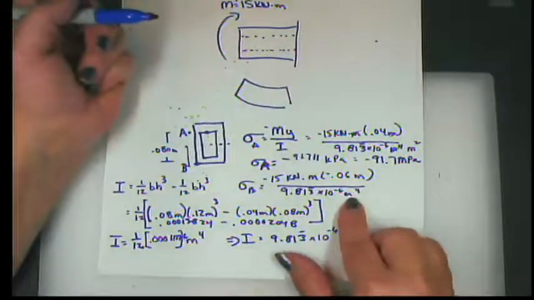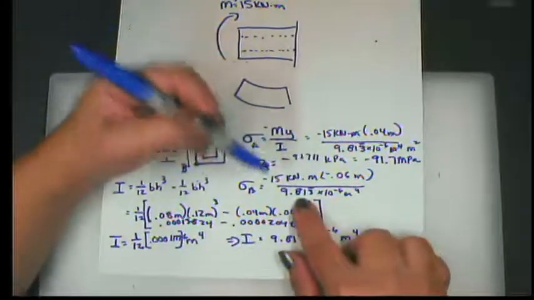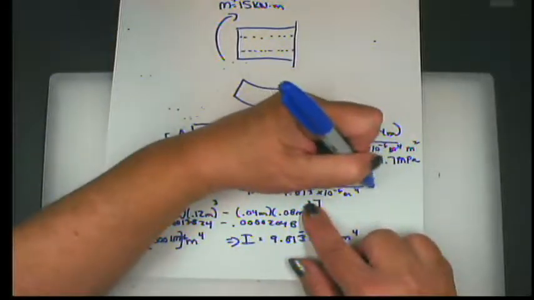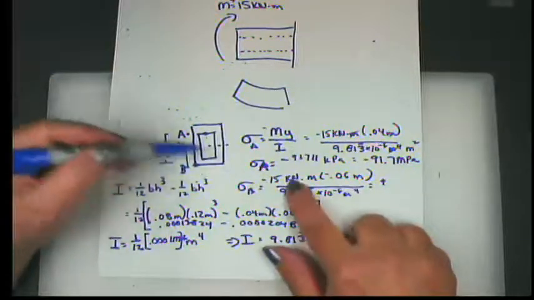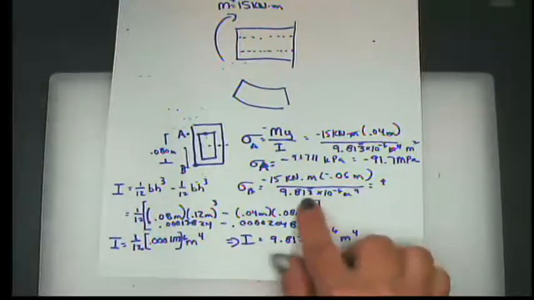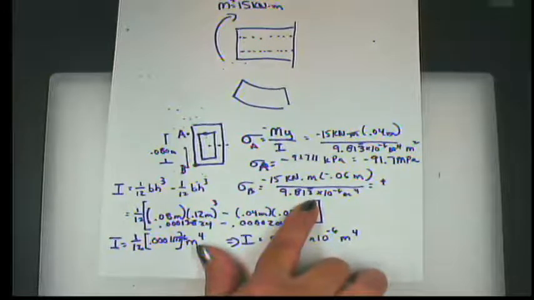If we do the same thing here, we have a negative times a negative, so this becomes a positive. We have the same 15, but now we have 0.6. We have the same moment of inertia.